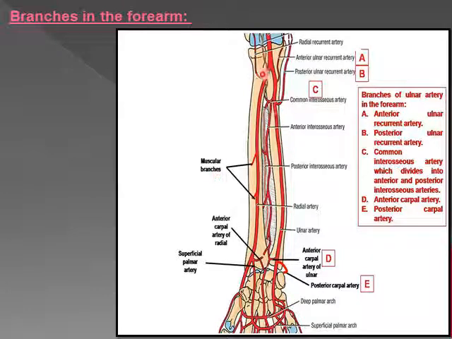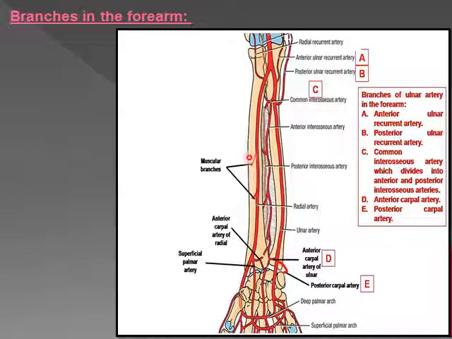The ulnar artery gives the following branches in the forearm: anterior ulnar recurrent branch, posterior ulnar recurrent branch, common interosseous, which divides around the interosseous membrane into anterior and posterior interosseous arteries, anterior carpal branch, and posterior carpal branch.